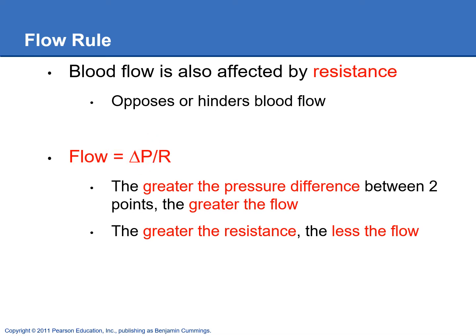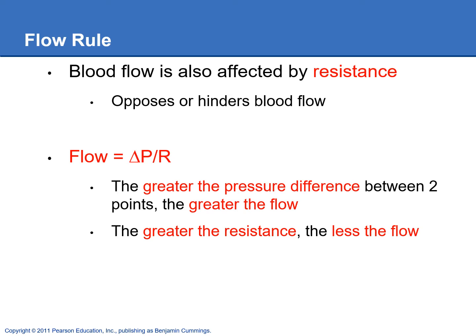A good example is if you take a Camelback water container and fill it up with water, lay it on the table, and unscrew the lid. If you were to gently push on the Camelback, just a little bit of water would flow out. But if you pushed really hard, you had a much higher pressure gradient, then a lot more water would come spilling out of the Camelback.